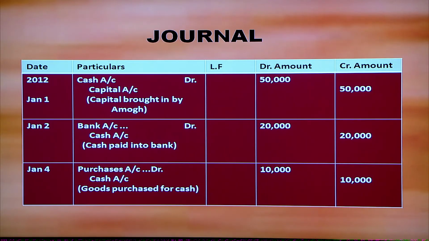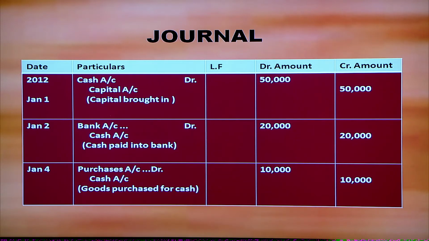In 2012, January 1st, cash account debit to capital account. So how we will write in the journal? We will write in the date column 2012, January 1st. Then in the particulars column, cash account debit to capital account.